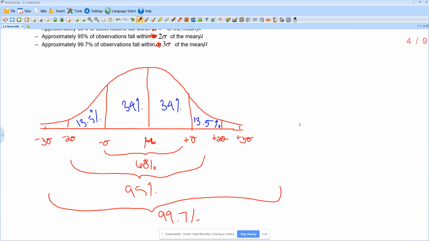In that small little spot, I'll draw an arrow to it, we'll have 2.35% and 2.35%. And beyond 3 standard deviations, all you have left over is 0.15%, and another 0.15%, giving you a total of 100% of your data, and sort of showing you that symmetry, the way that that's broken down.